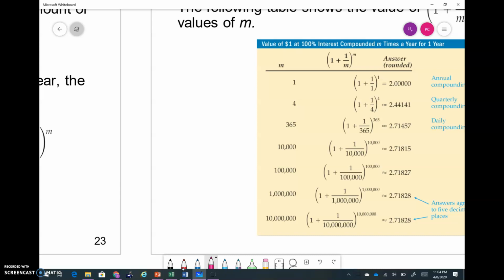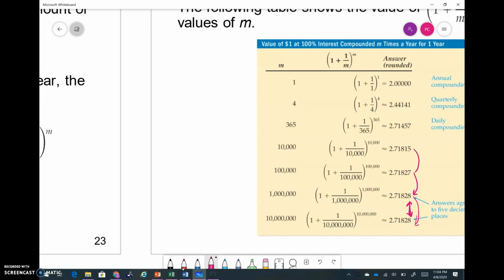What about 100,000 times? It's growing. Still growing. Not growing as quickly, but still growing. What about 1,000,000 times? Again, still growing. And 10 million times. Again, still growing, but you can see that to 5 decimal places, the difference between 1 million and 10 million didn't really change.